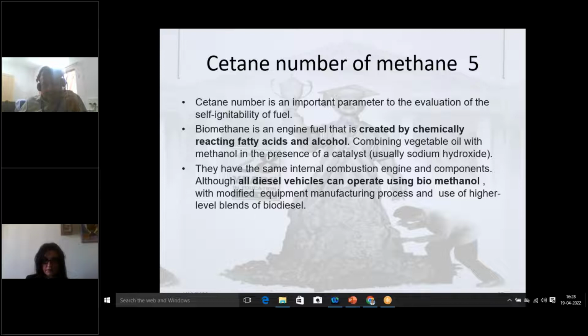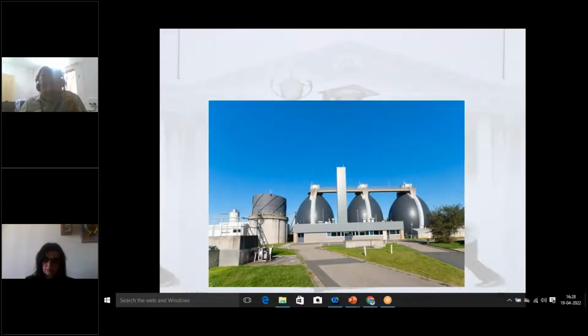And this is similar to the diesel engine, but with little modifications with respect to the inlet fold, bore diameter, and piston diameter, lightly modified for the appropriate compression ratio of the engine: suction, compression, power, and exhaust of the 12-cylinder engine. And this was the digester, a two-stage anaerobic digester in a sewage treatment plant.